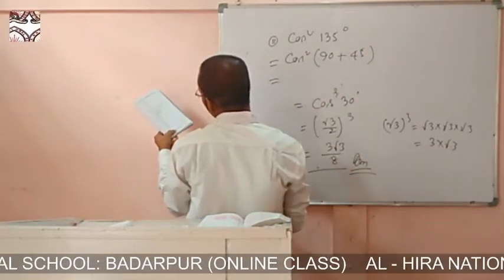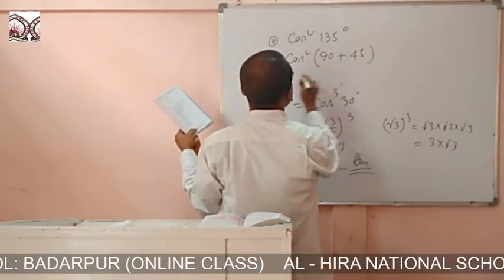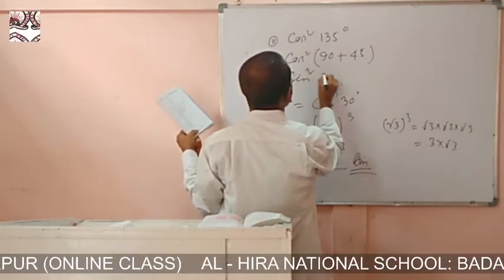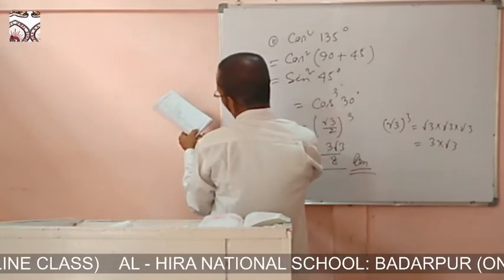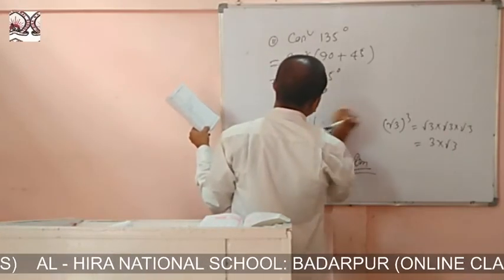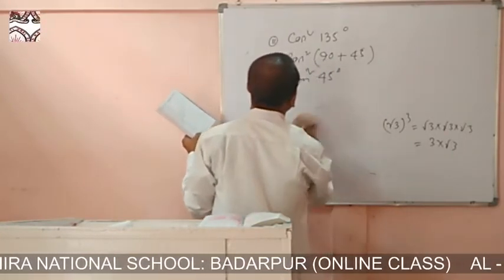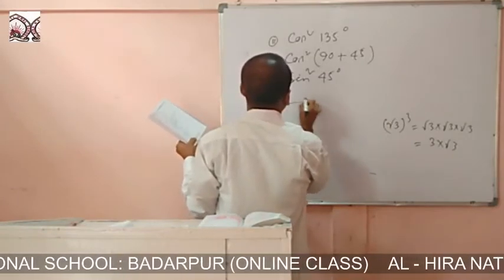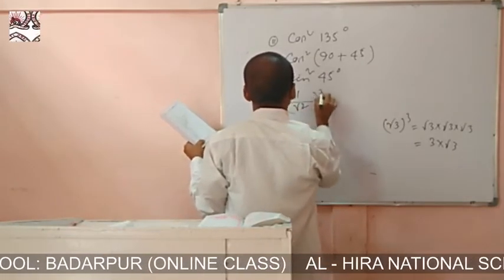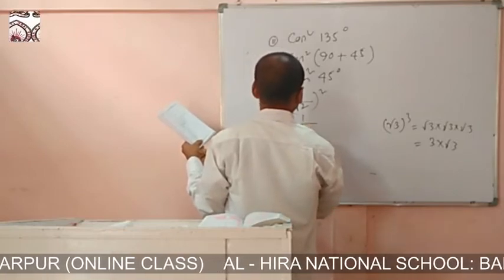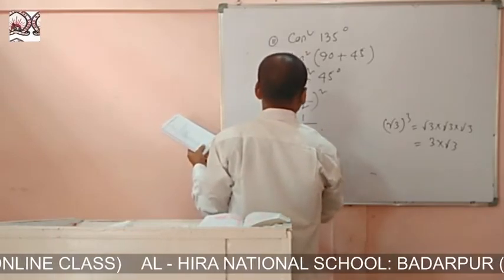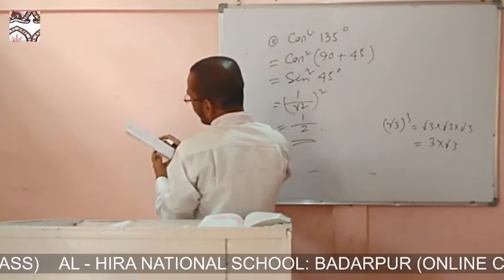So 90 plus 45, cos 90 plus theta is sin theta. So it is given as sin square 45. But sin 45 value is 1 by root 2. So this one will be 1 by root 2 square. So 1 by root 2 square is 1 by 2, half. So this answer is half.